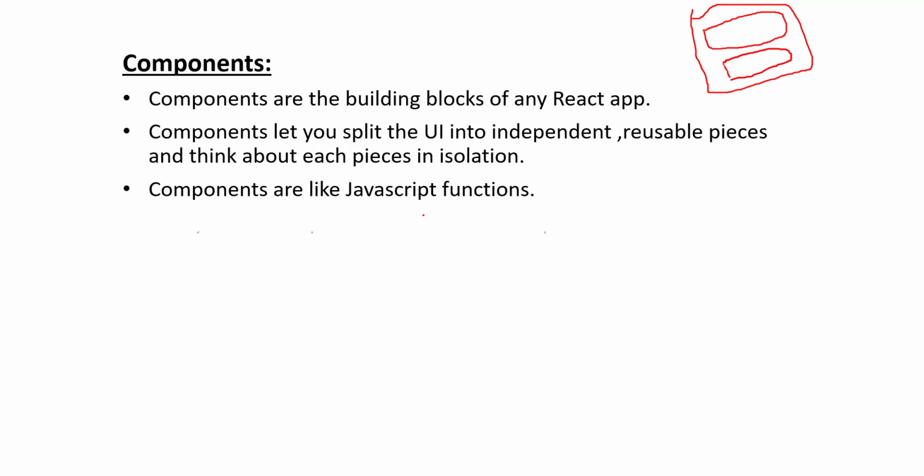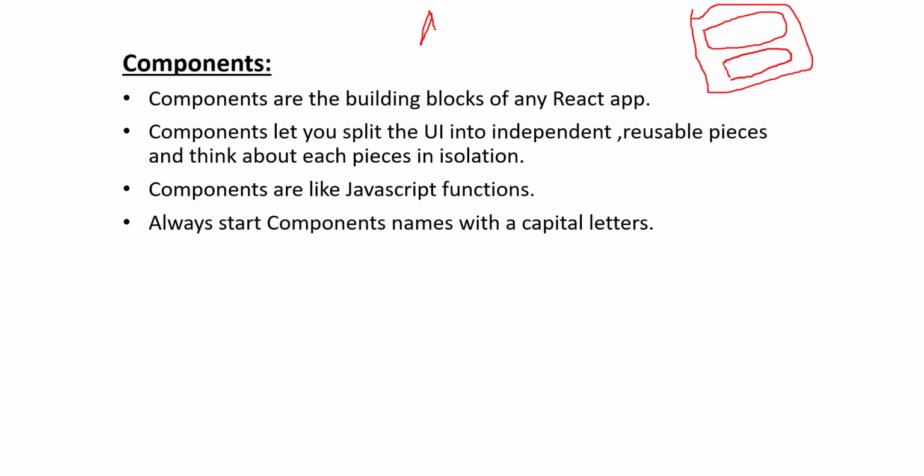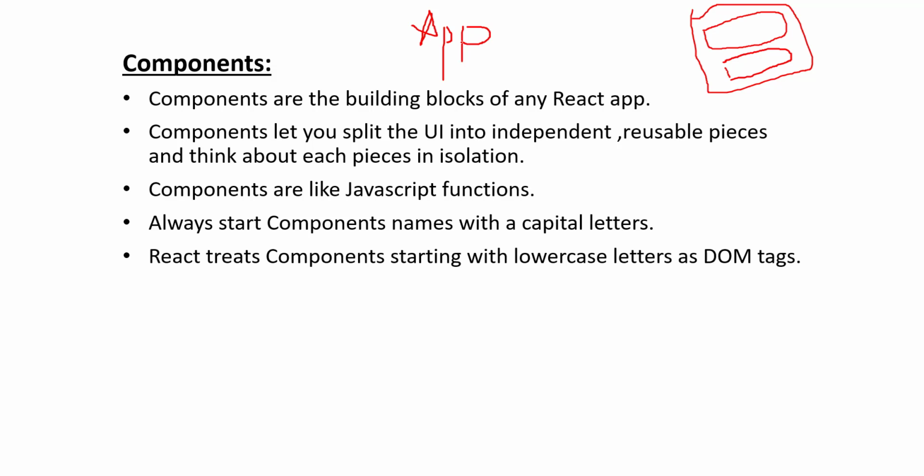Always start a component name with a capital letter. For an App component, A must be capital, then pp. Always start our component with a capital letter. React treats a component starting with a lowercase letter as a DOM tag.